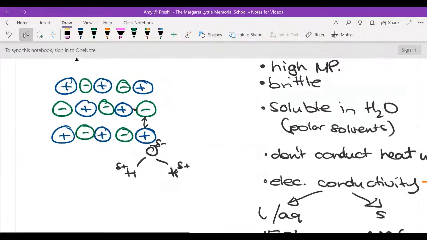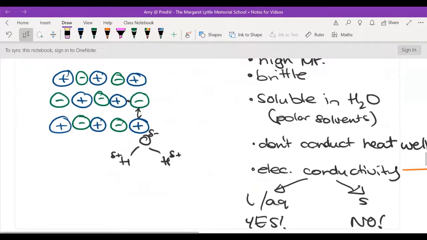However, if I melt this or dissolve it in water, I'm going to pause. I'm going to do something quickly.